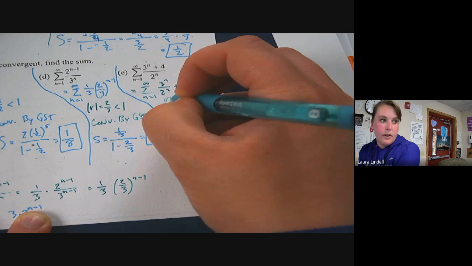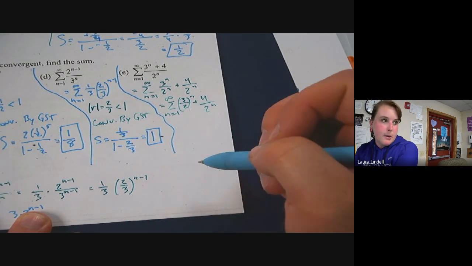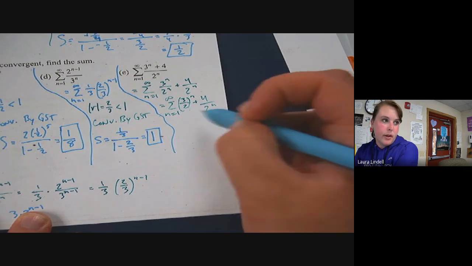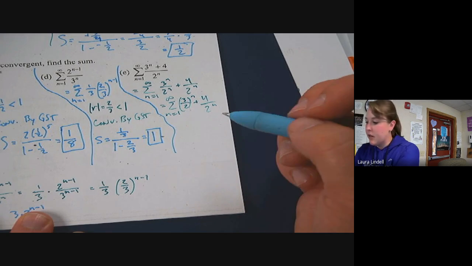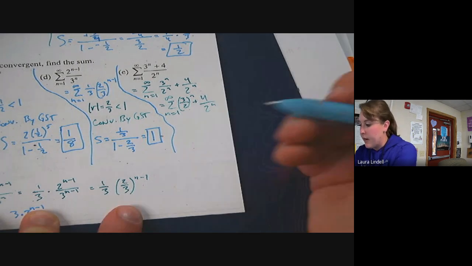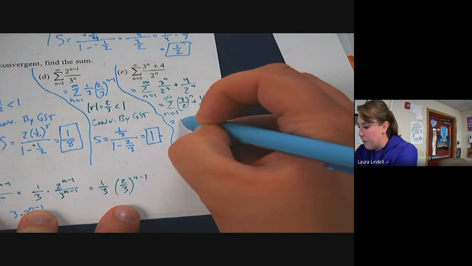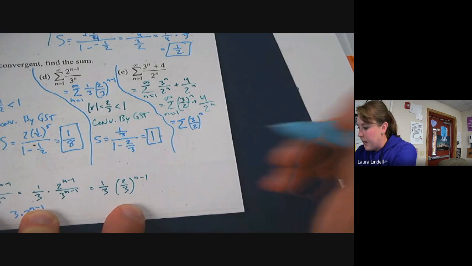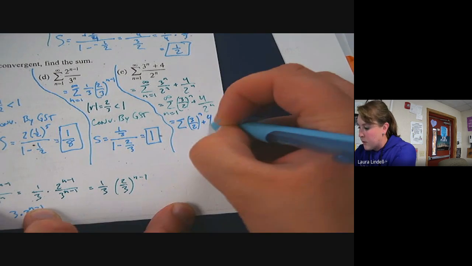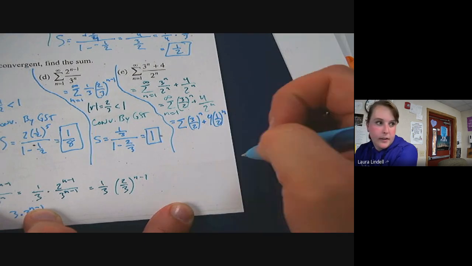And now we notice that this part here is a geometric series. This part is as well. It's the sum of really two geometric series, because 4 over 2 to the n is, I guess we could rewrite this one more time real quick. We have 3 over 2 to the n plus 4 times 1 over 2 to the n.